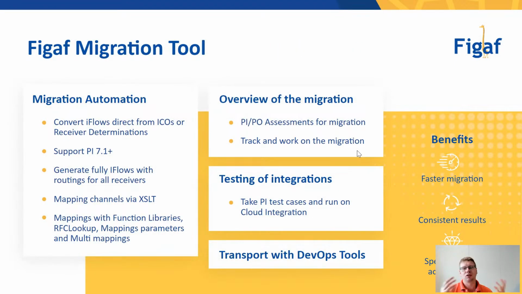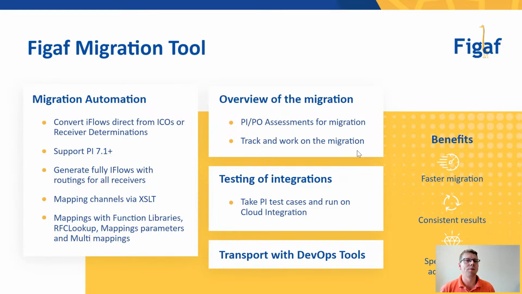If we look at the migration tool, which is a separate tool, then it contains all the artifacts that you need to take to convert from an ICO to an iFlow. It generates routings, converts mappings, channels, message mappings would have CLOOKUP functions, all of these different things that you would expect from a migration process.